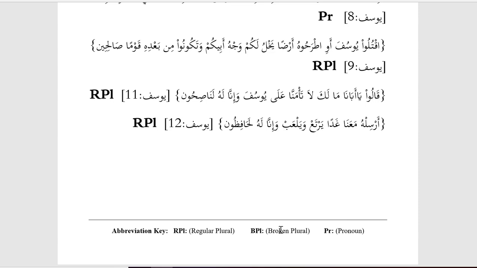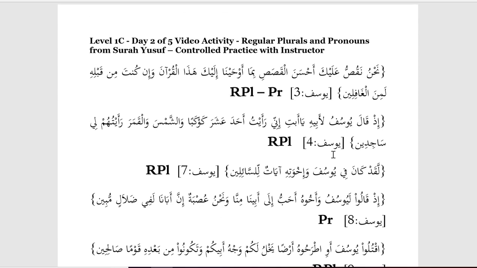That means some changes happen to the original form. And then we have PR, which represents pronoun or dhamir. And so here we see RPL, regular plural, salim, and PR, pronoun. Your job is to find each of these in the ayah.